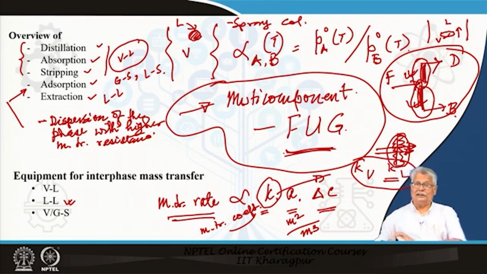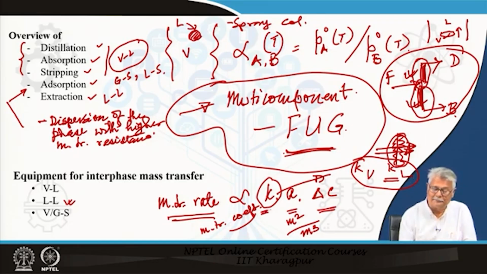There is another thing. The mass transfer is not only a function of K, it is also a function of A, K and A multiplied together. So, if you can somehow disperse one into another medium, the interface area increases. The smaller the droplets, the smaller the dispersion size, the specific area increases.